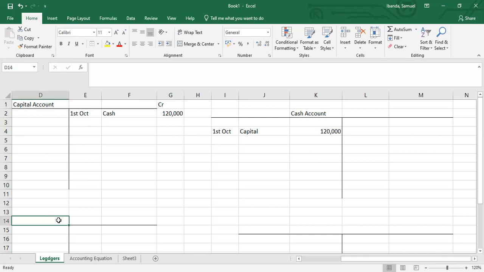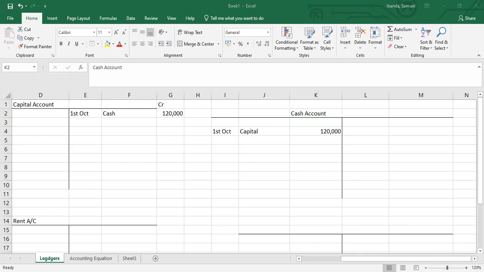So I'll have the rent account. And for the cash account, since it already exists, I will not have to draw a new one. You don't have to have an account for each transaction. As long as it exists, you don't have to draw up a new one.